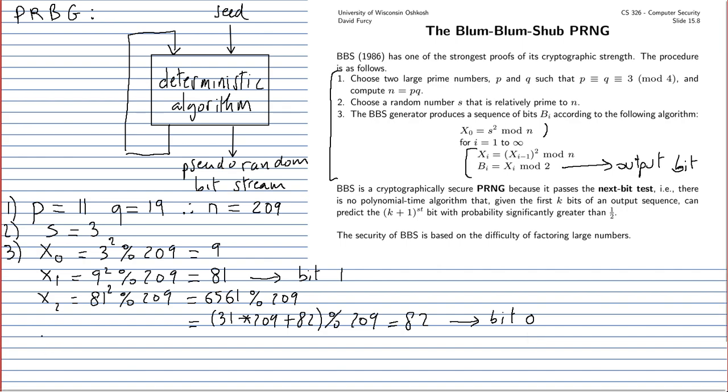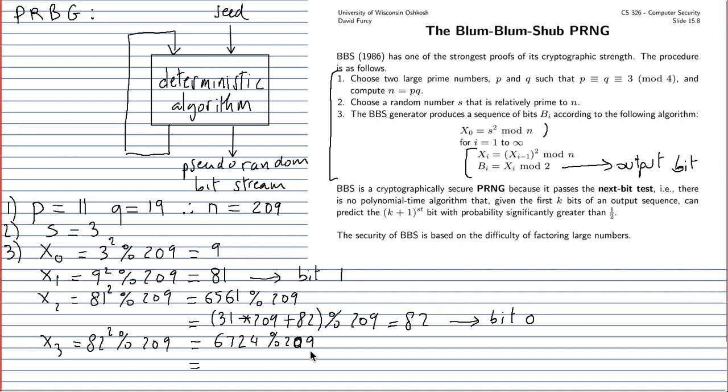So for the third iteration, we're going to take the previous value of x, which is 82. We're going to square it, modulo n. Now 82 squared is 6724. So modulo 209, we're going to do the integer division of 6724 by 209.